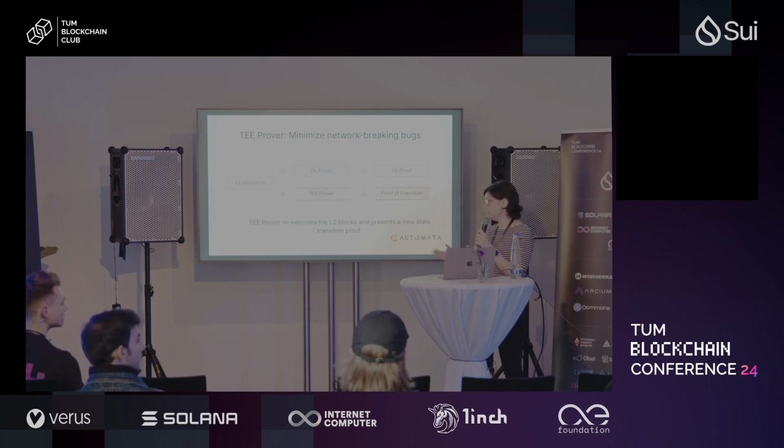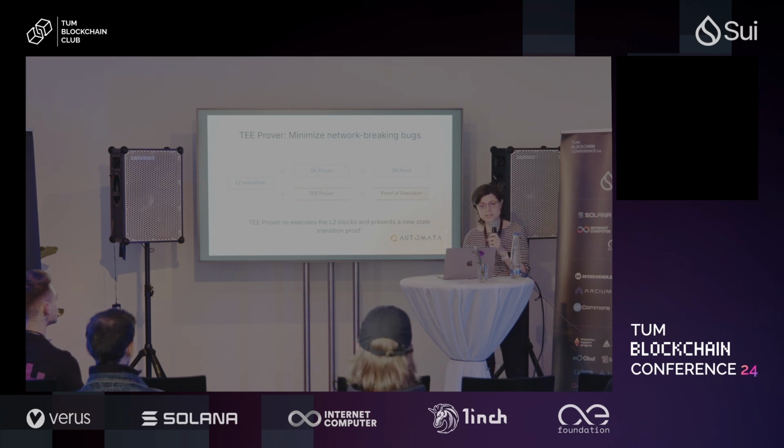We have the ZK prover that will produce a ZK proof as part of the rollup, and in addition to that we have other types of provers that will also produce a proof, and then we check that the ZK proof and the other proof are the same, and if they are the same, then we can sleep better at night that maybe the ZK-Rollup is doing what it's supposed to do. And what we implemented is a TEE prover.